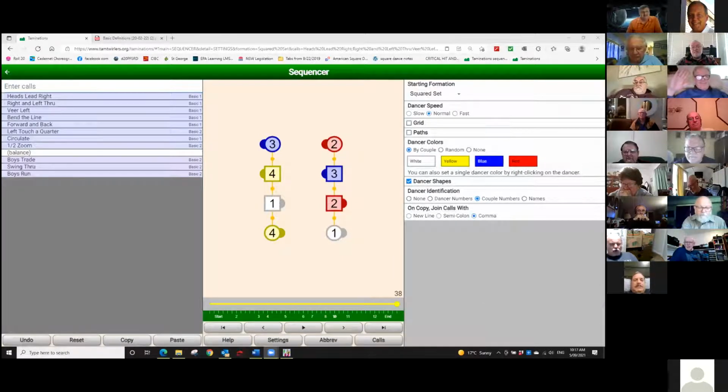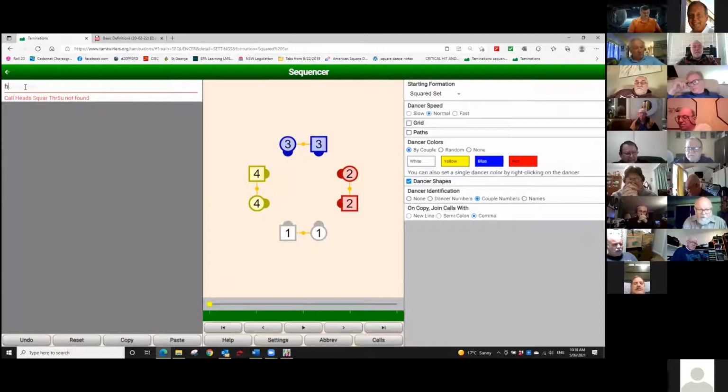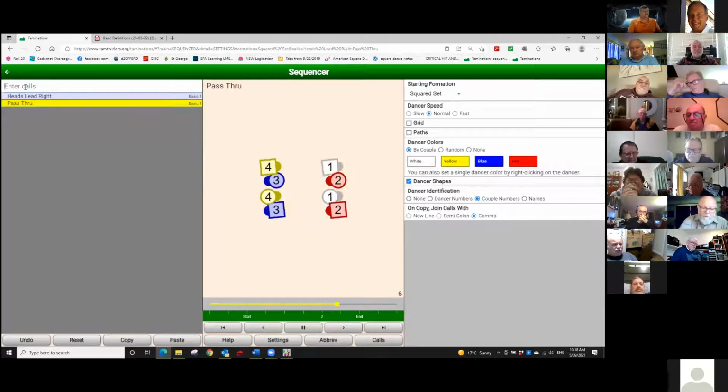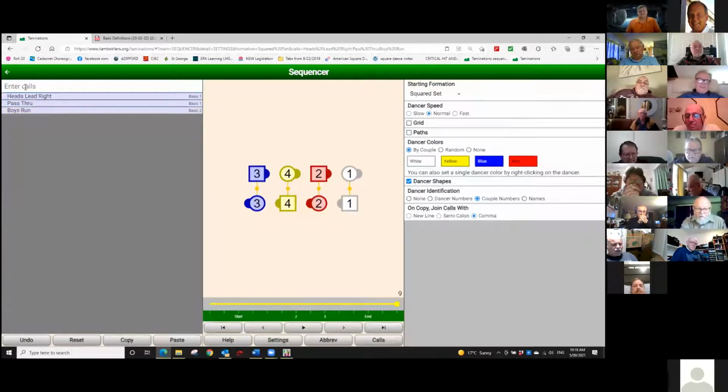What about just runs from an eight chain through position to get into the column? Do you need it for the zoom on that? So heads square through. Hang on. And that's what you're saying.